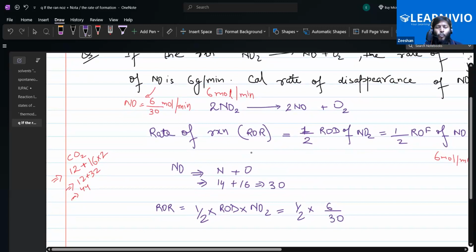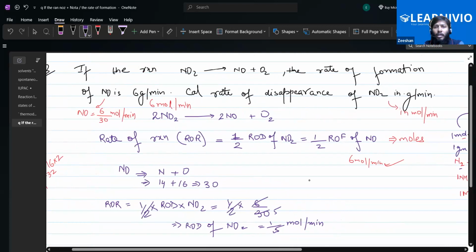So we will solve this: 1 by 5. So the rate of disappearance of NO2 is 1 by 5 in mole per minute. Since this was in mole per minute, we will get the unit in mole per minute, right?